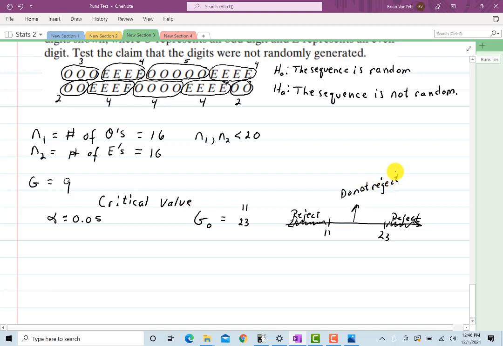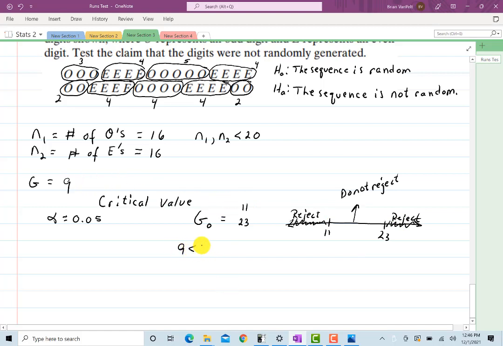What they're basically telling you here is that if you go over 23 runs, that's too many. If you have less than 11 runs, then you have too few. Anywhere in between is just right. That's how they determine randomness, is to determine if it's just right or if there's too few or too many. In our case, the 9 is less than 11.